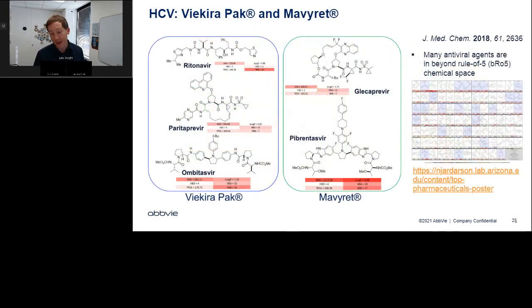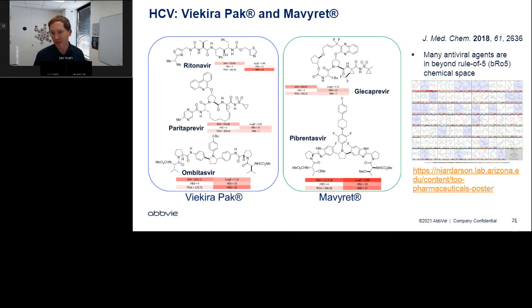From a synthetic chemist's point of view, many antiviral medicines are in this beyond rule of 5 space. I don't expect you to be able to see these structures here. All of the purple highlighted structures... we've partnered with Jon Anderson at the University of Arizona to use many of these top pharmaceutical posters that we often use as artwork around our labs at AbbVie.